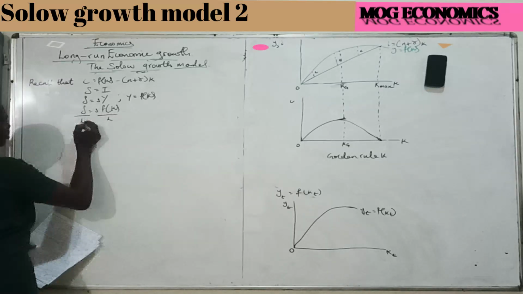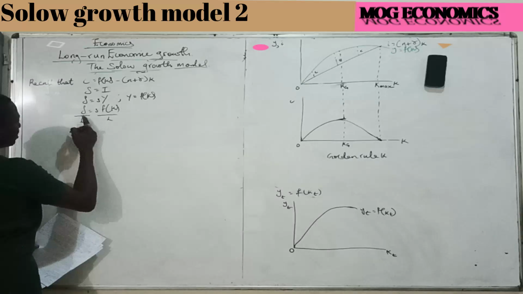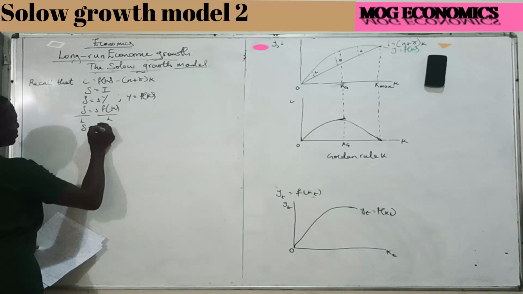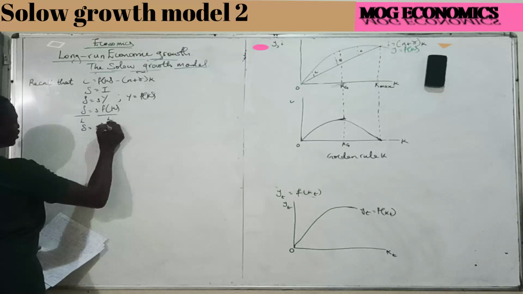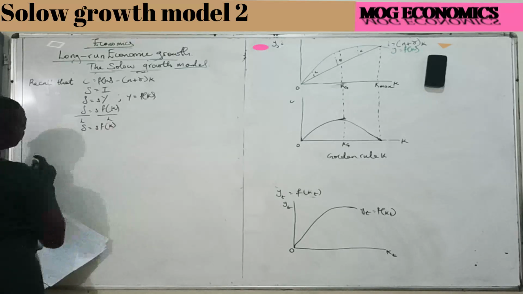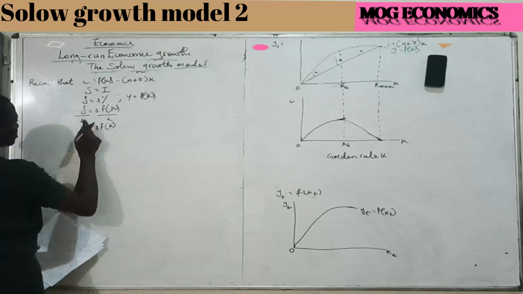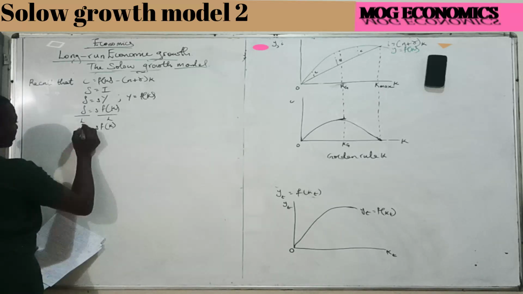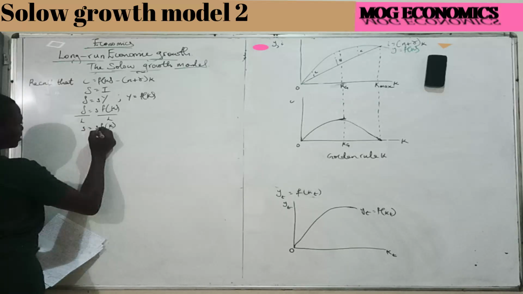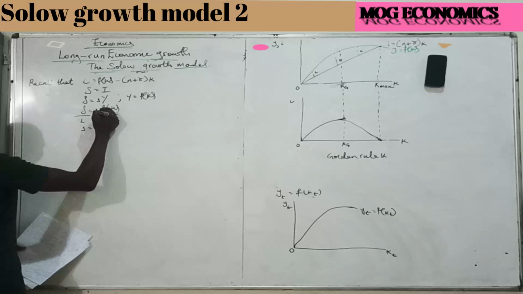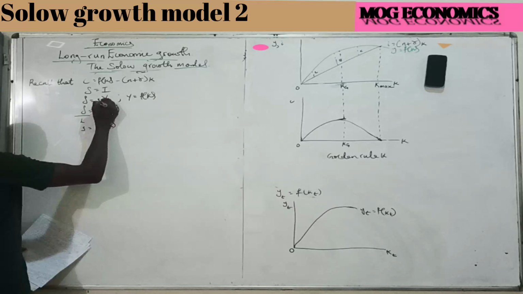So this becomes saving per worker. Saving per worker is the saving rate times a function of K. Let me call saving per worker a small s, so let me just call this sy.